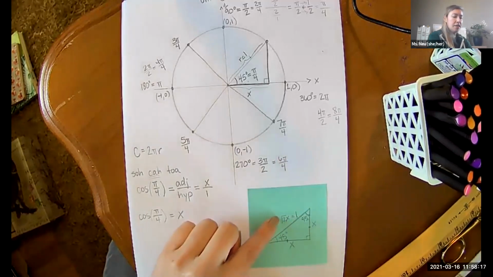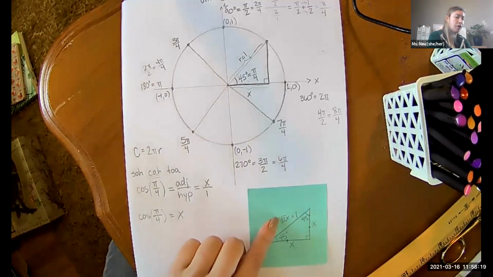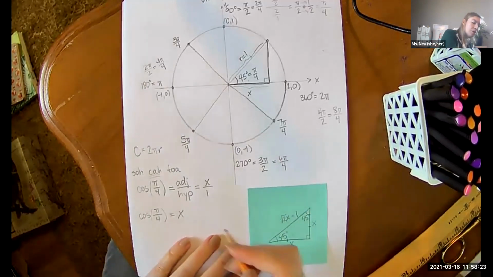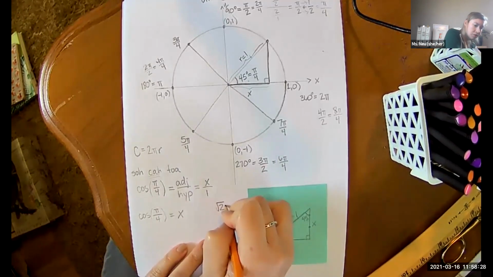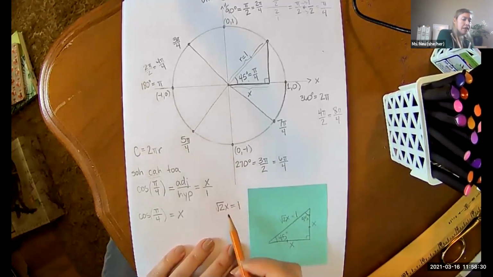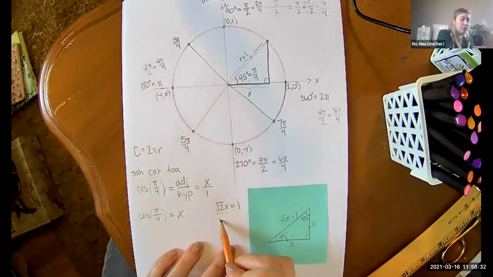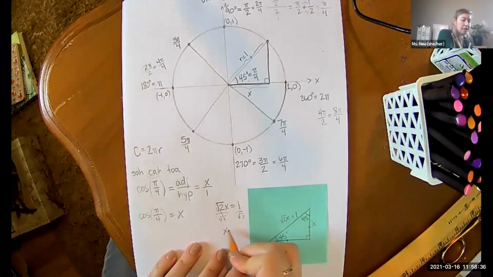So I'm going to take this equation and solve for x. Square root 2 times x equals 1. To get x by itself, I'm going to divide by the square root of 2. And x equals 1 over square root of 2.